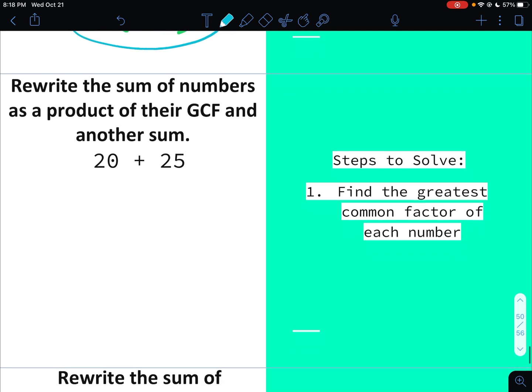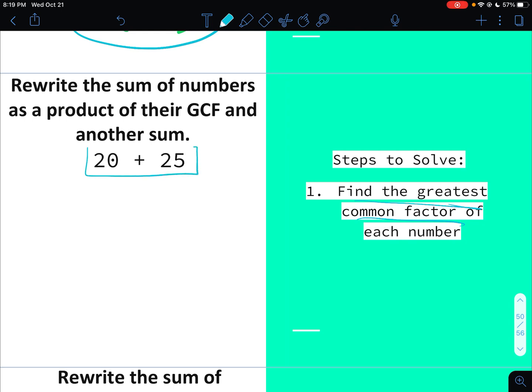Okay. So the next one we're going to do is I'm going to have you rewrite 20 plus 25. First step, find the greatest common factor of each number. So cake it up. Prime numbers. Okay, so 20 is divisible by 2, but 25 is not, so I can't use 2.